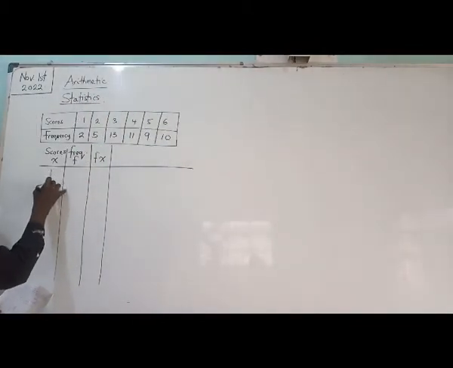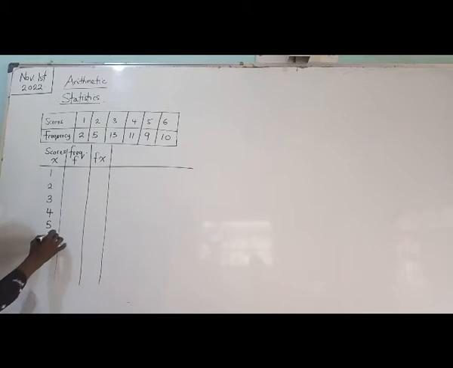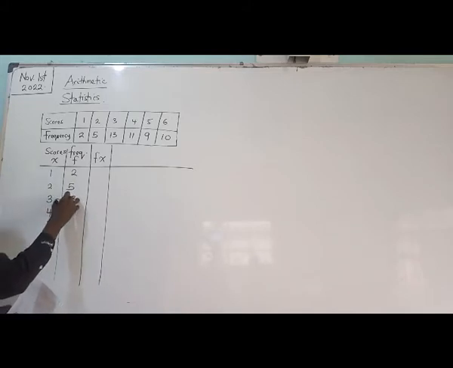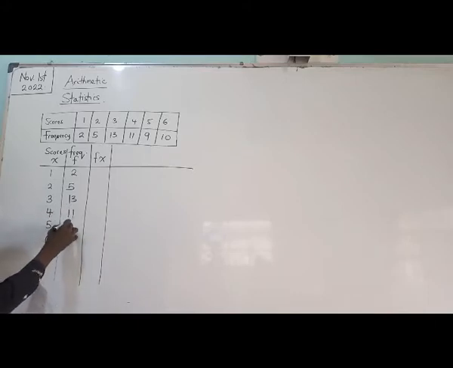So, this is 1, this is 2, 3, 4, 5, and 6. The frequency is what? 2. The frequency here is 5. The frequency here is 13. The frequency here is 11. The frequency here is 9. And the frequency here is 10.